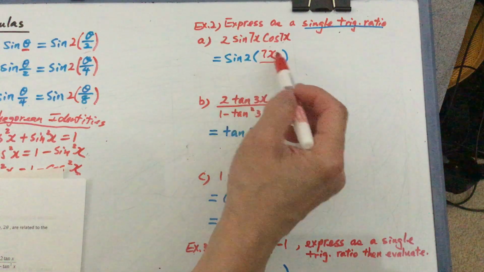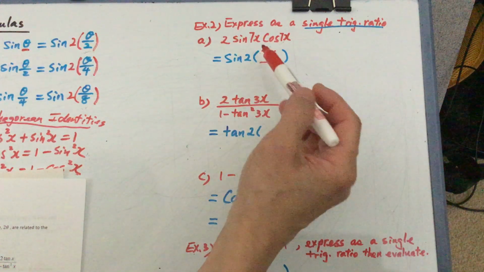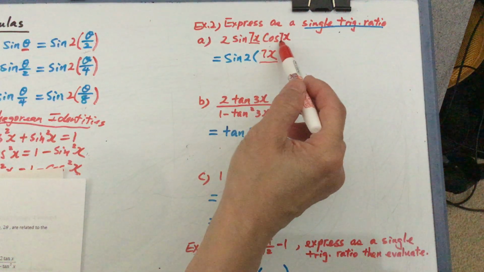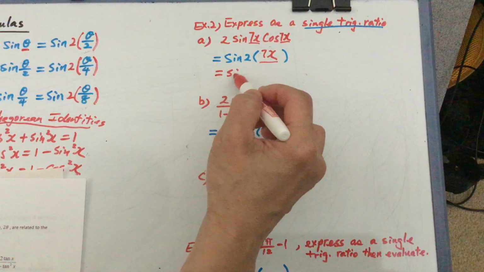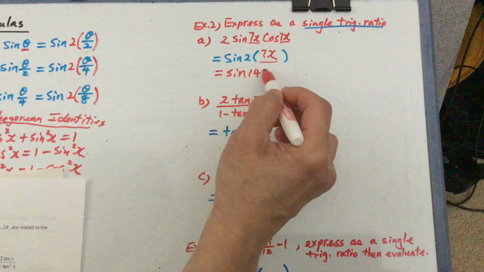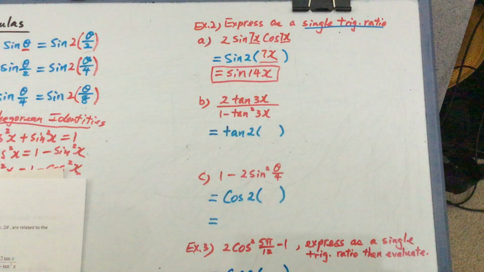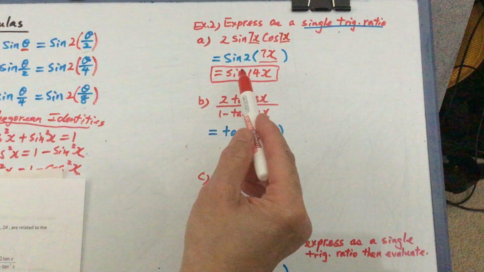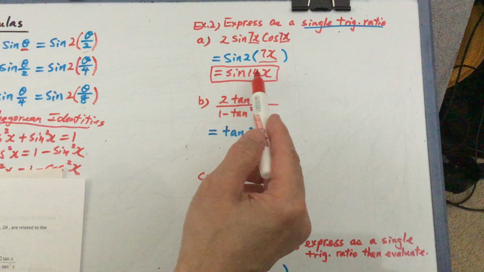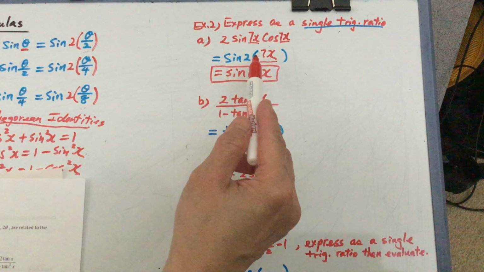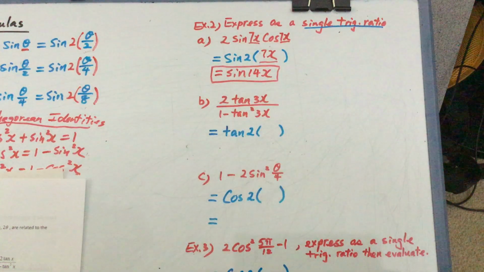That's how when you expand it using the 2 times sine theta cos theta, then the theta really is what goes in here. And after that, you can further simplify this into a sine of 14x. Because when you expand this using the double angles formula, you need to make the sine 14x into 2 times some theta. And that theta now becomes a 7x.